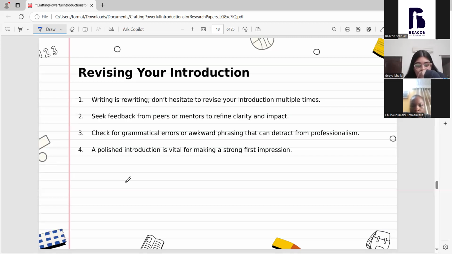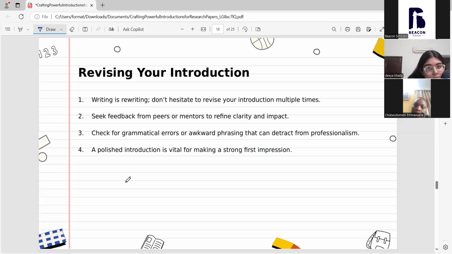Read it aloud for yourself. After all of these, you should send it to me personally, or there will be a task next week to submit it on the classroom. You should submit it there, and I will revise them myself for all of you, grade it, and send it to you with the feedback.